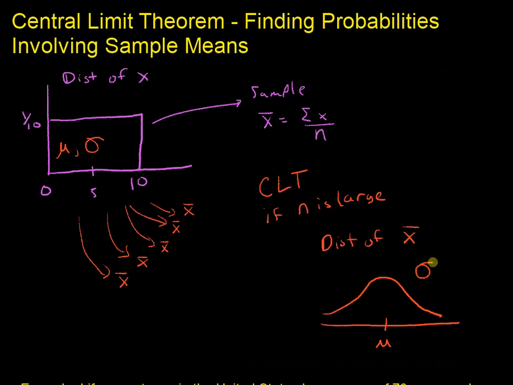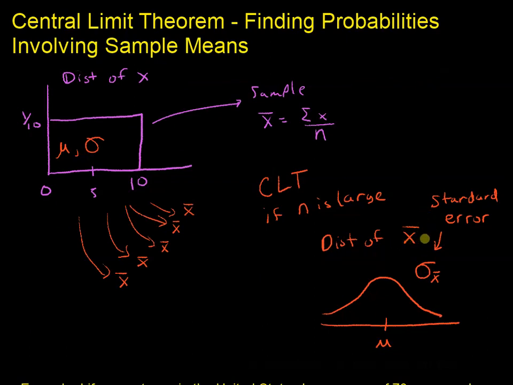It's usually noted with sigma of x bar. This is standard notation, and it's usually called standard error as opposed to standard deviation. That's to say that it's the standard deviation of x bar.